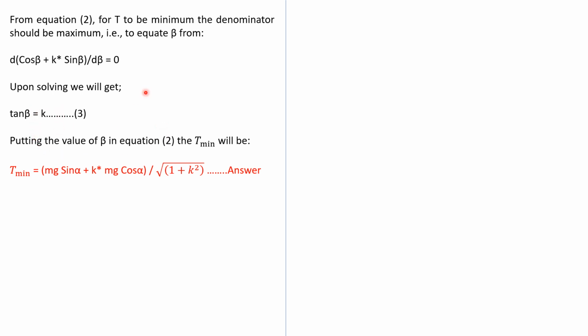Perpendicular is k, base is 1, so the hypotenuse will be the square root of 1 plus k squared. After putting cos beta and sine beta in terms of k, we get the equation here. This will be your final answer.